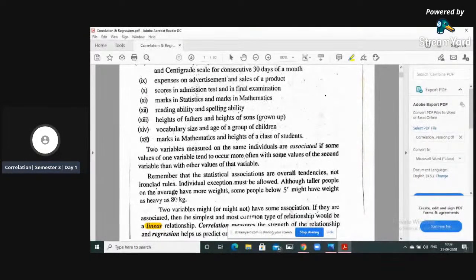This is an example of no correlation or zero correlation because marks in mathematics have no influence on the heights of a class of students.